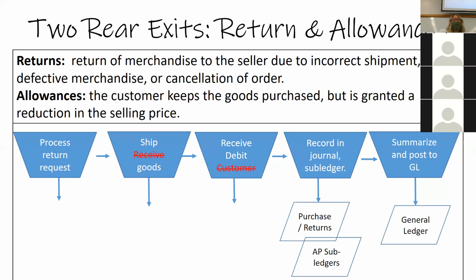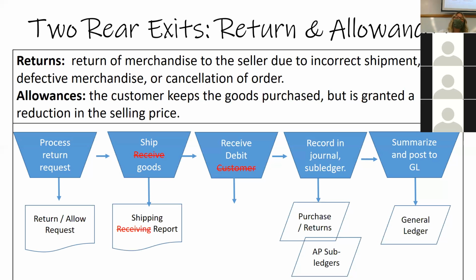The process starts with us contacting our vendor and letting them know that we intend to return the goods. We would then ship the goods, indicating our shipments with a shipping report or a bill of lading.